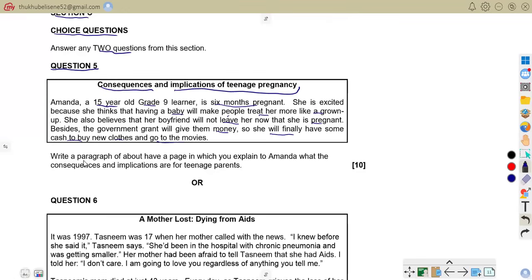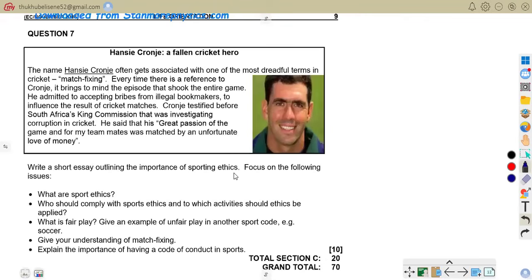Now, we were asked to write a paragraph in which we explain what the consequences and implications are for teenage pregnancy. So that is that.